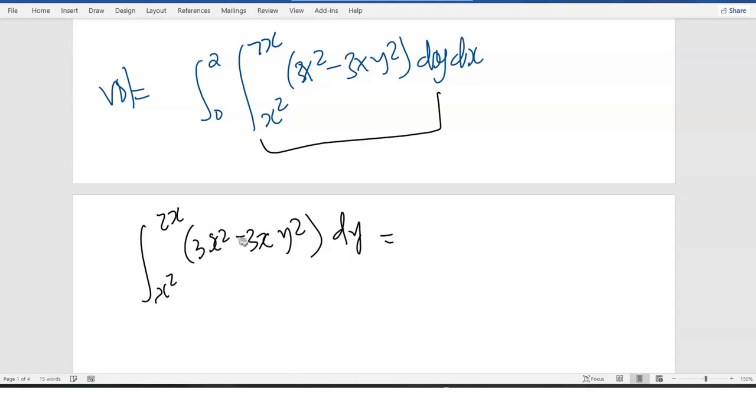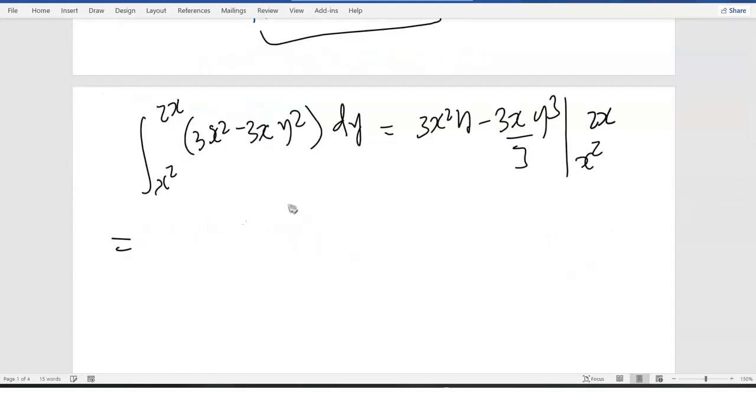If I integrate this, I'll have 3x squared y minus 3x times y cubed out of 3, evaluated from x squared to 2x.